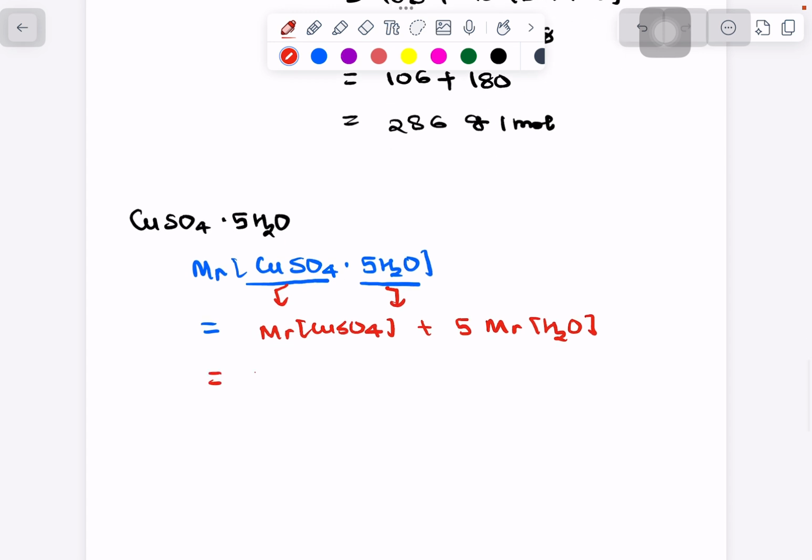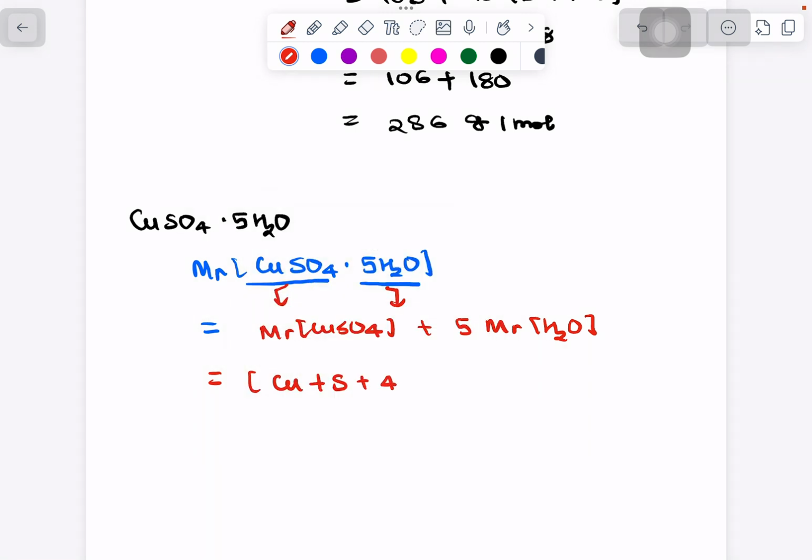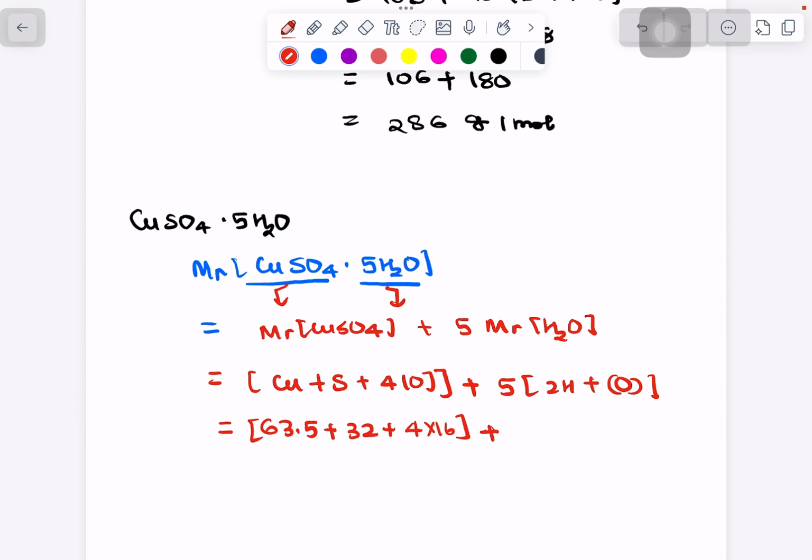Here is copper, so we do copper 1, sulfur 1, plus 4 oxygen, plus 5 times 2 hydrogen plus 1 oxygen. Copper is 63.5, sulfur is 32, 4 times 16, and then plus 5, 2 times 1 plus 16. Add them together.